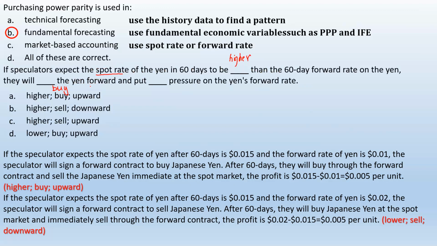They can buy at a lower price and sell at a higher price, and then the profit strategy will be to buy forward contract and then sell at the spot market.